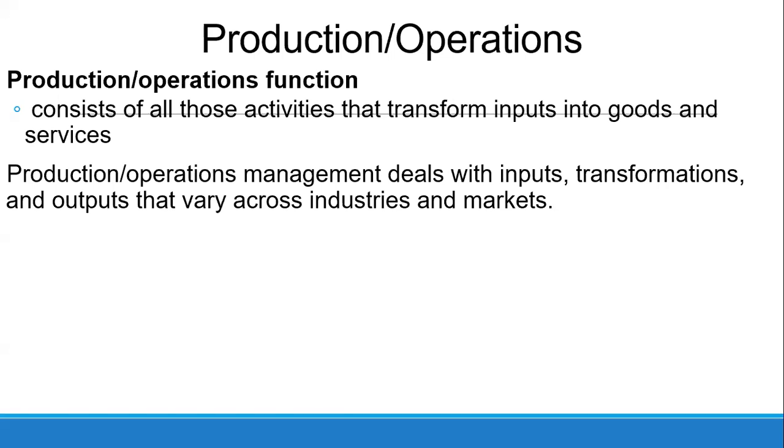So the activities of the operations and productions departments encompass 5 key functions, which include the processing function, the capacity function, the inventory function, workforce, and finally, the quality assurance function.